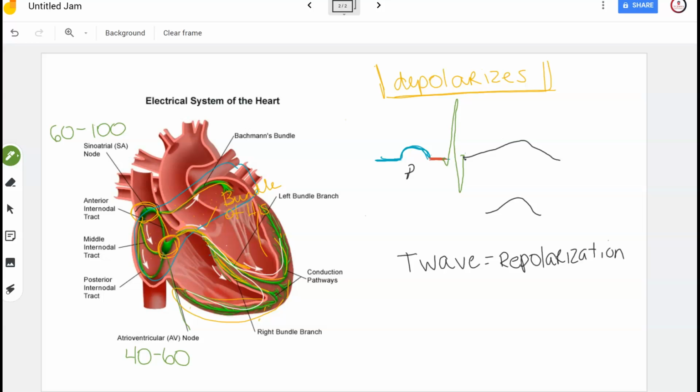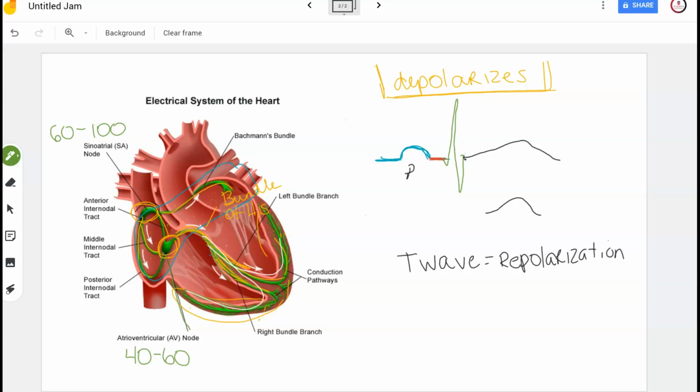So your AV node will take over if everything above it fails to work, right? Because all these little atrial cells will also potentially try to take over as well, until they're overridden by the AV node. Now, if the AV node fails to work, then all you're left with are the cells of the bundle of His and the Purkinje fibers, right?